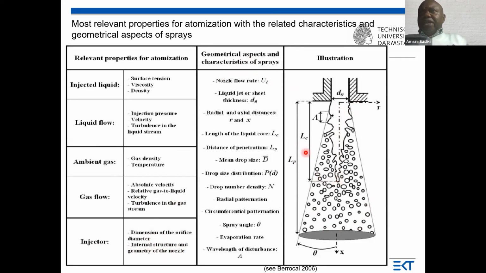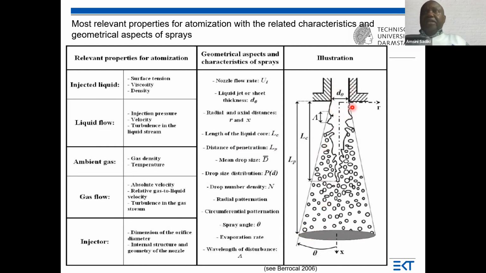So we have LC, the length of the liquid core. And LP is what we call the distance of penetration. This means the distance at which we can still have some droplets.